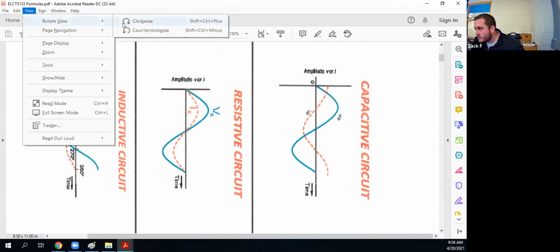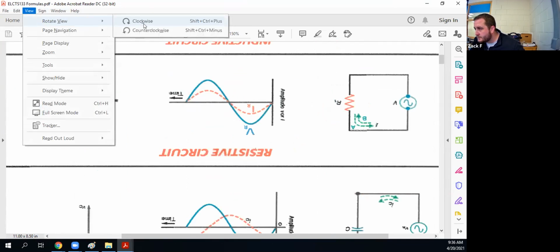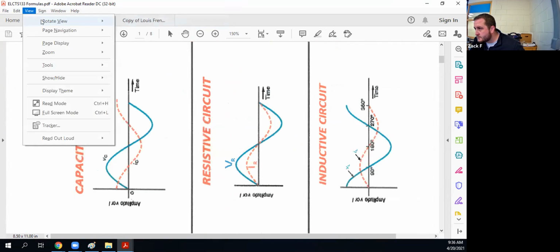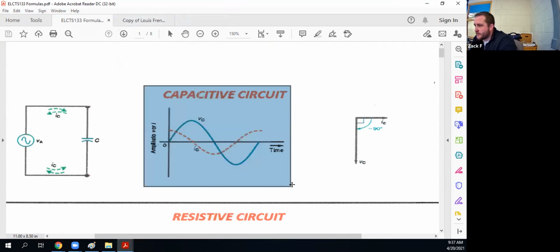I really need to make this so you're, holy crap. In a capacitive circuit, where, let me break this over so I can draw.